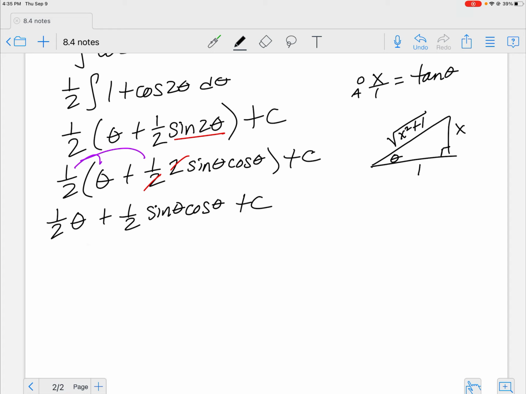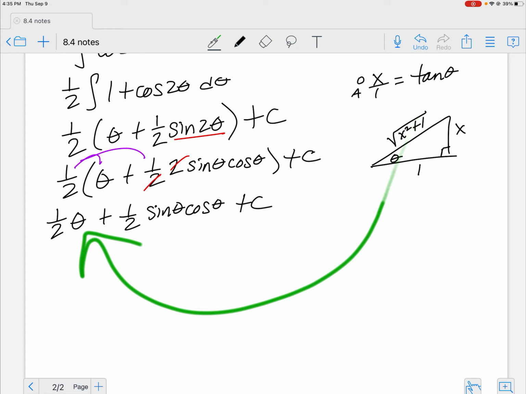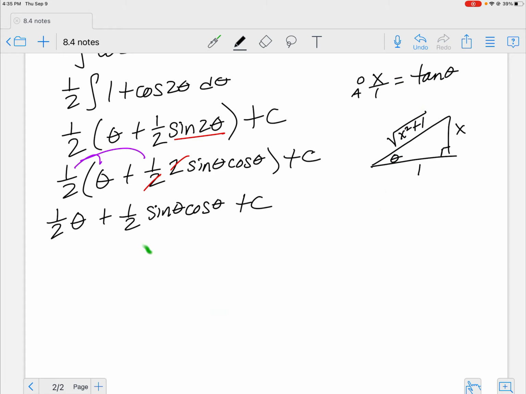Yes, inverse trig. And because tangent is the one that I'm using in order to do the trig substitution, that is the inverse trig you have to use. Because it's the pattern you started with to even get theta, you have to do that same pattern. So this is 1/2 inverse tangent of theta, right?